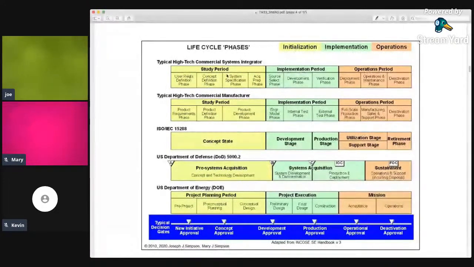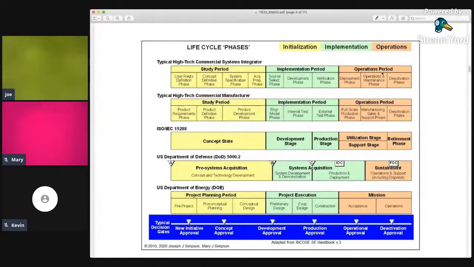And then, as a typical high-tech commercial systems integrator, you have a study period where you do user requirements definition. And really, this is a study of what is the problem. And then you do a concept definition phase. You think, well, okay, maybe we can solve this problem in certain different ways. You come up with a selected approach, and then you implement that approach, and then of course you operate it and then deactivate it.